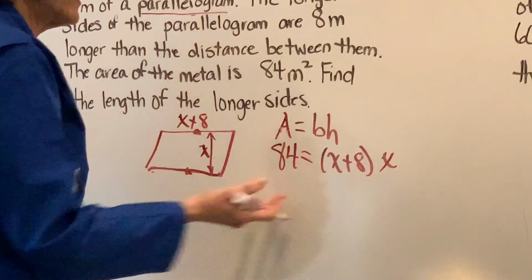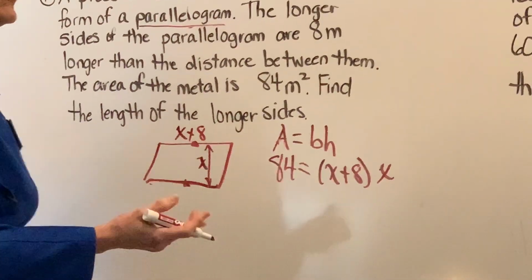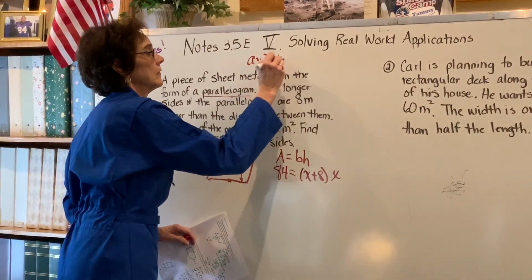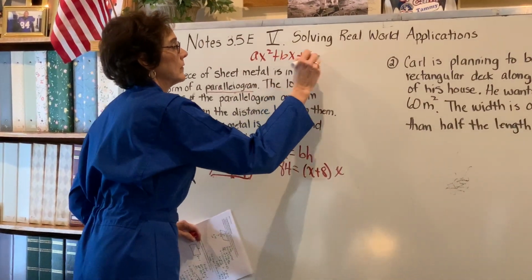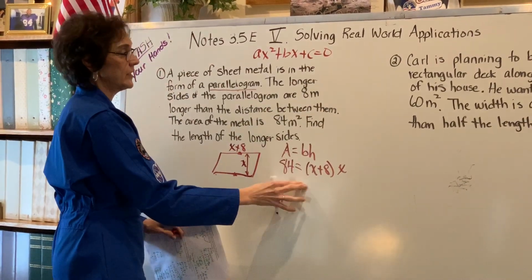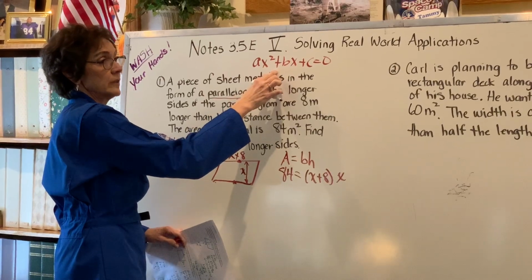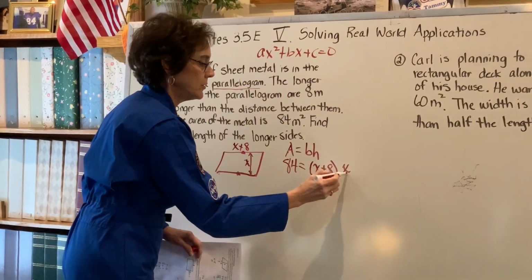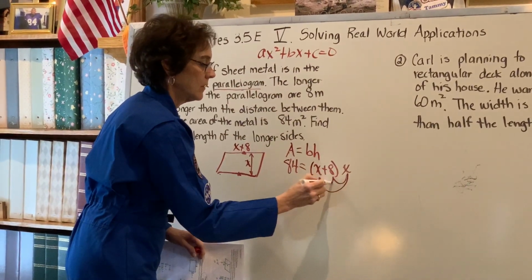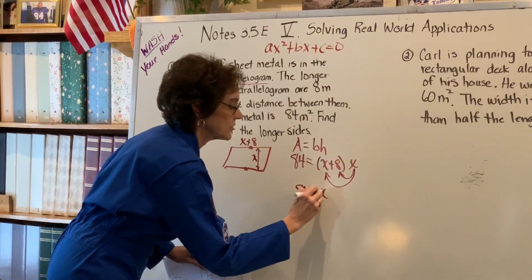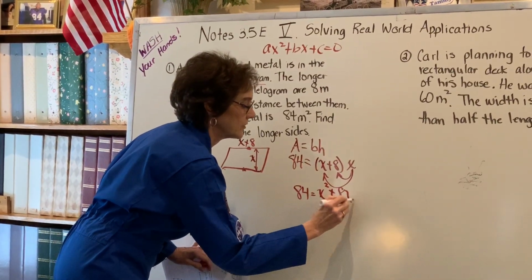All right, the problem is it's not in the right form. Remember, the right form looks like this. So we've got to transfer this to make it look like a quadratic, to put it in quadratic form. All right, so we're going to distribute the X. So 84 equals X squared plus 8X.